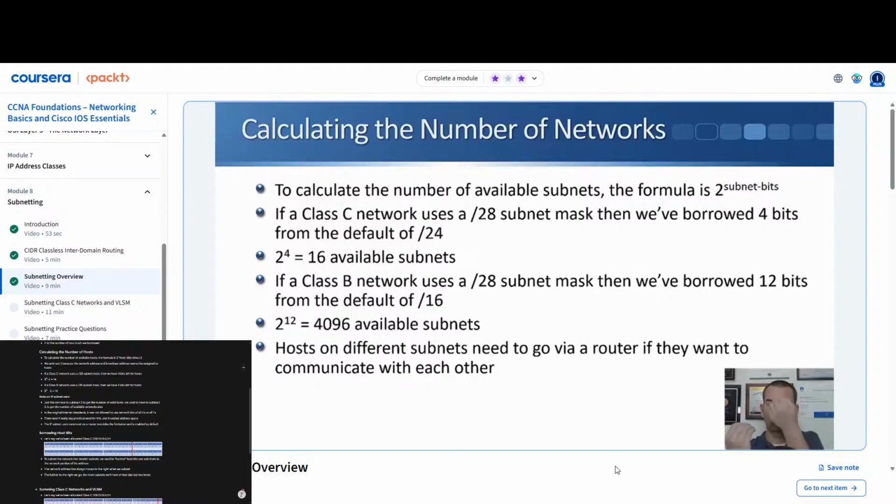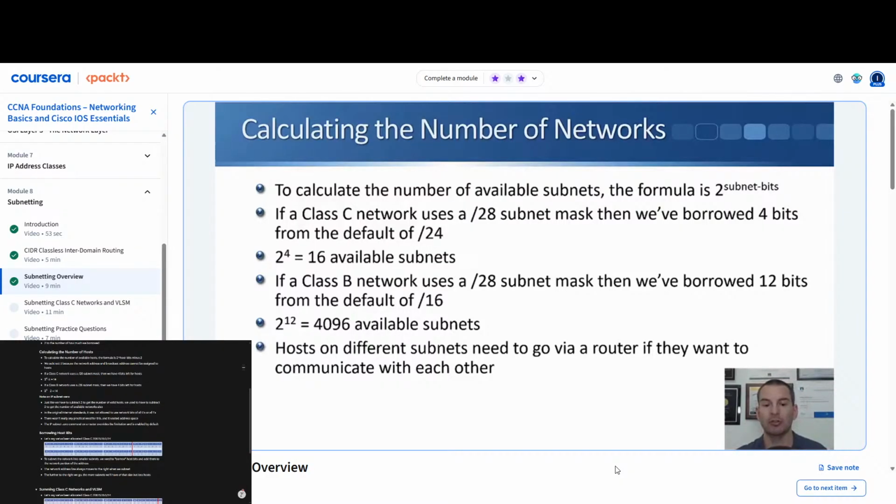So let's do this one. 2, 4, 8, 16, 32, 64, 128, 256, 512, 1024, 2048, 4096 subnets. For that one, you might have noticed it's easy if you remember that 2 to the power of 10 is 1024. Here, we just keep doubling each time.